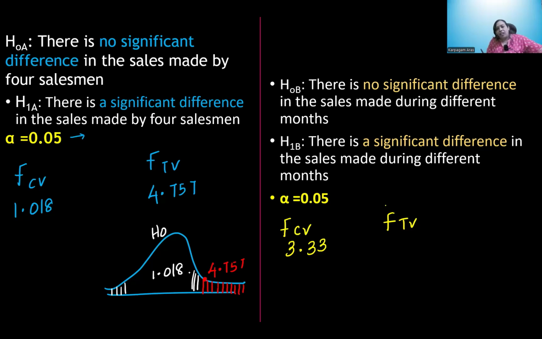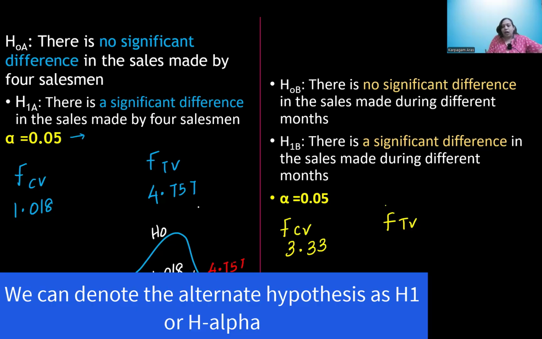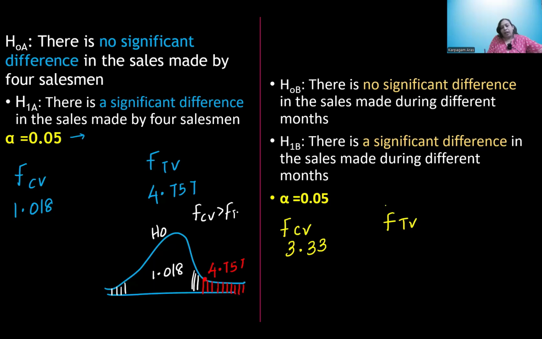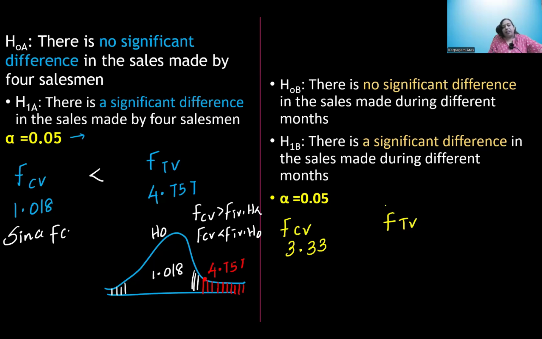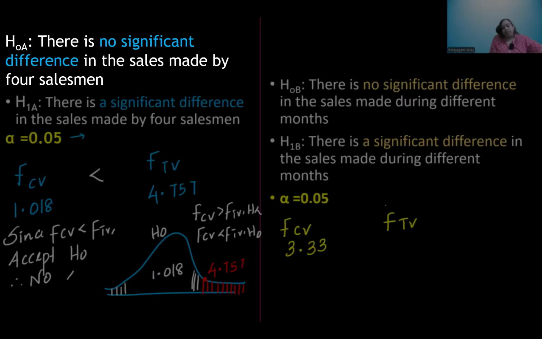If it is after the critical region, then we will accept H alpha. So the rule is: F calculated value greater than F table value, accept H alpha. F calculated value lesser than F table value, accept H naught. Here F calculated is lesser than F table, so we accept H naught. There is no significant difference in the salesmen's performance.